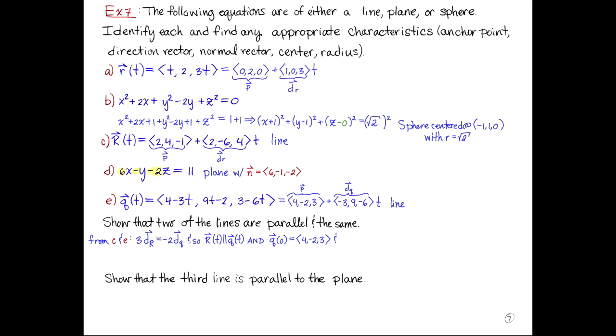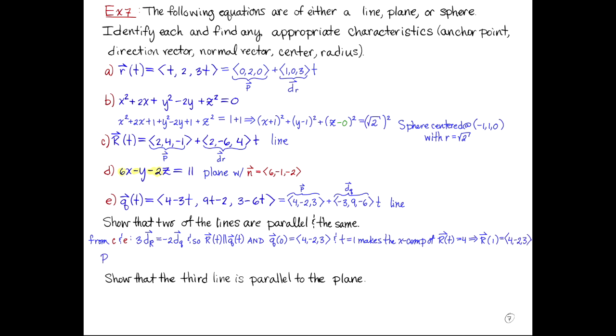If we look at the x component, we have that t equal to 1 makes the x component of R of t equal to 4. Let's sub that in to R of t and see if it lines up in the y and the z component as well. R of 1 is equal to (4, −2, 3).